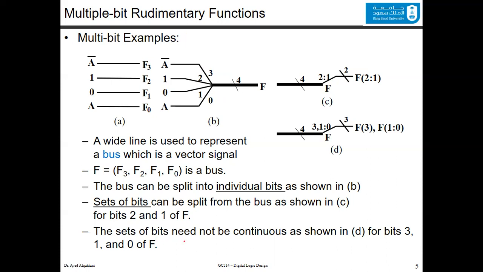The sets of bits need not be continuous, as shown in D. As you can see, we took 3 lines. Those lines are 0, 1, and 3. So we skipped something in the middle, which is the line number 2.